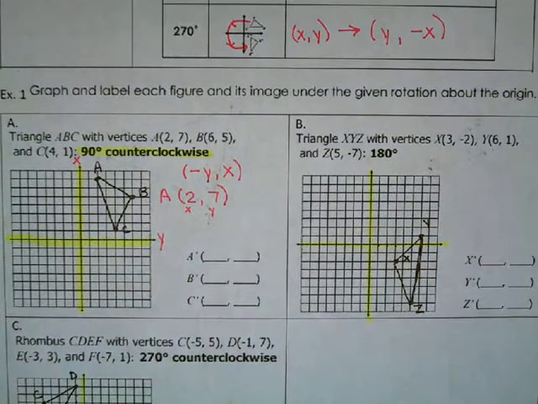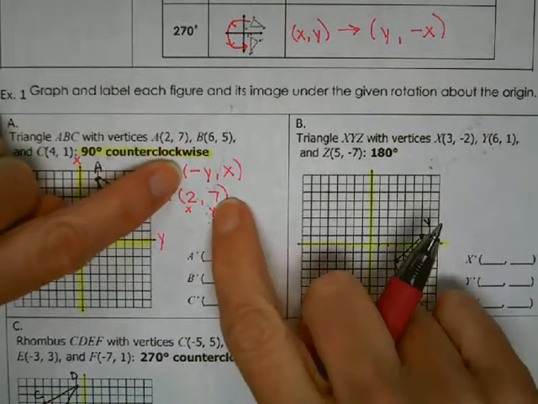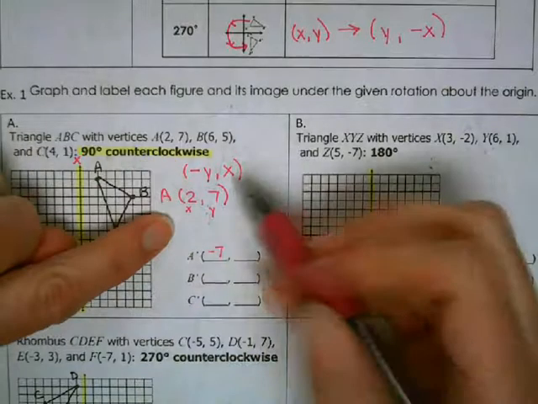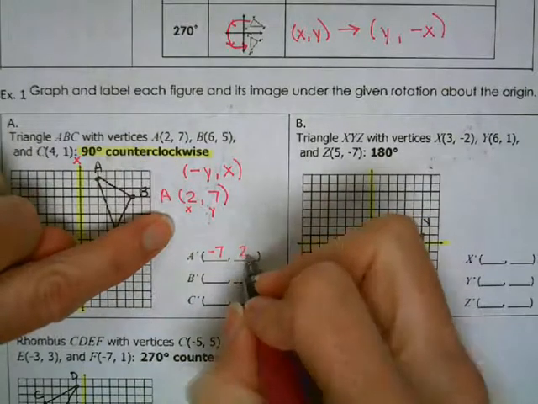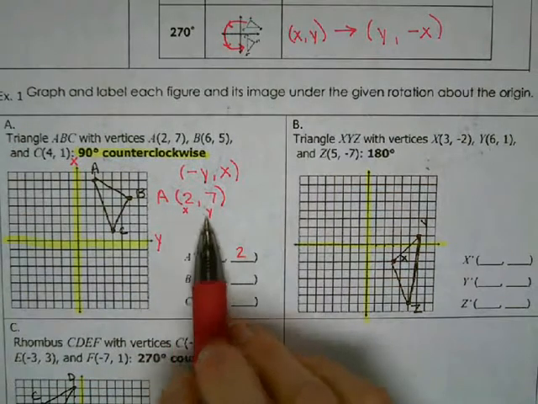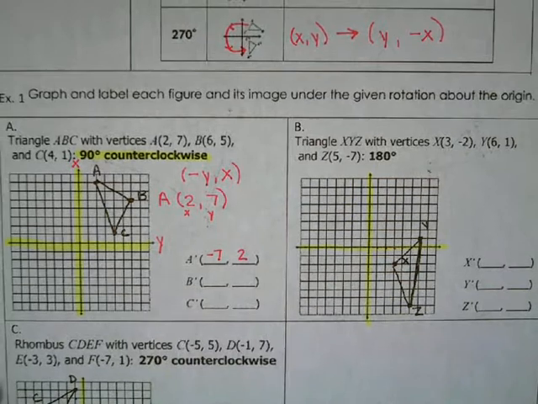So if we want to take the y value now and write it first and write the opposite of it, the opposite of 7 would become negative 7. And then the x value goes next. So you're just taking these 2 numbers for x and y and basically plugging them into that formula, and that's your new ordered pair. So let's graph that point, negative 7, 2.